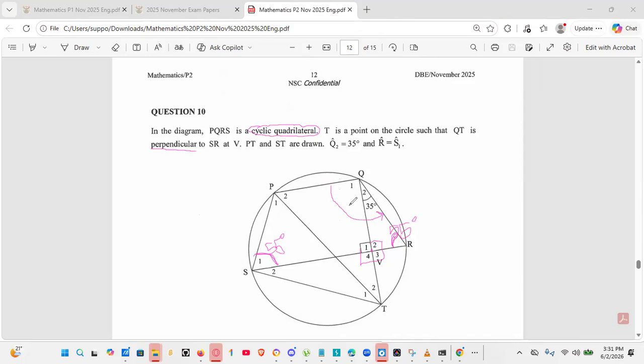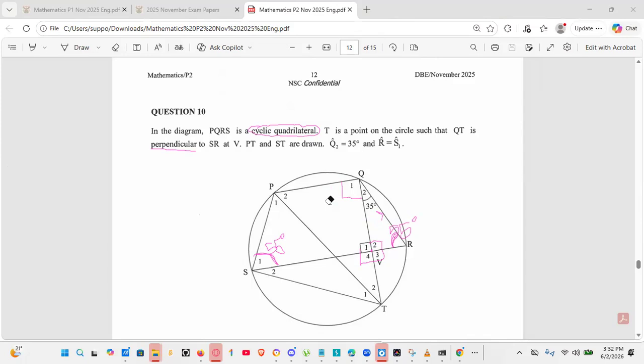So I have 180 minus 55 minus 35. And then that angle will be 90. So that angle is a 90. So let me erase. So far we've figured out 35, 55, 55, and 90.